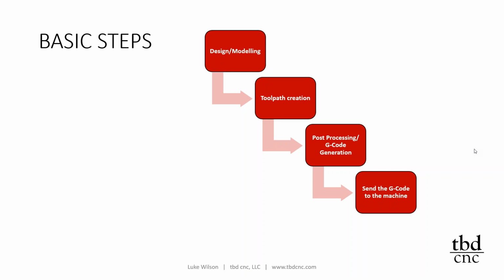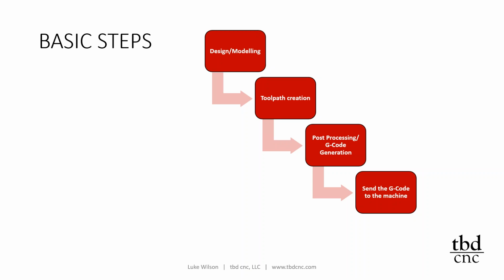In something like Fusion 360 it's usually called modeling, but basically you have to get the design of what you're going to carve. Then you do toolpath creation, where you take that design and interpret it for the machine. The machine has no idea, so you have to tell it how to make the thing that you designed.